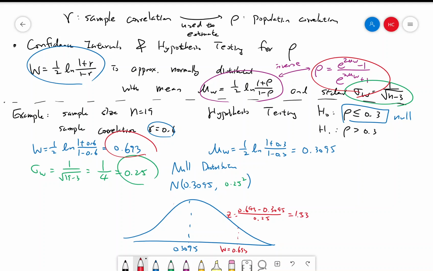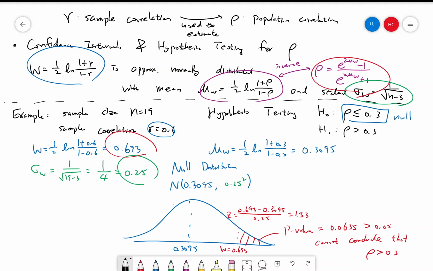Okay, so that's the z-score, and then if you look up the z-table, you can find out the p-value is 0.0635, which is greater than 0.05. So we cannot conclude that rho is greater than 0.3, because the p-value is not less than 0.05.